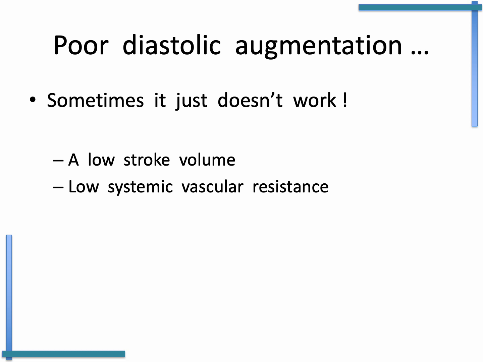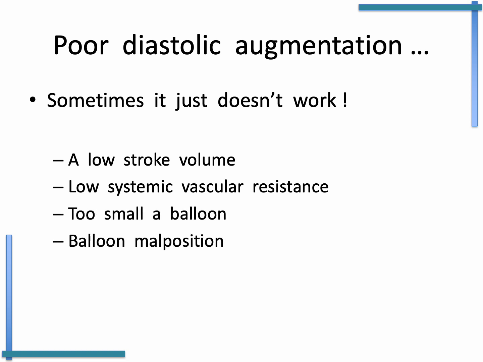Patients who have a very low systemic vascular resistance and are very vasodilated, there's just too rapid a runoff from the aorta for the balloon inflation to create the increase in the pressure in the aortic root that we're looking for. If we put too small a balloon into a big patient, then even though the balloon is inflating and its timing is perfect, the volume of blood that it displaces is just too small. Or if we got the balloon in the wrong position, so it's too far distal in the aorta, then we can also end up with poor augmentation.